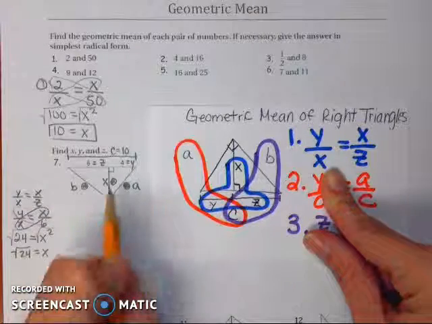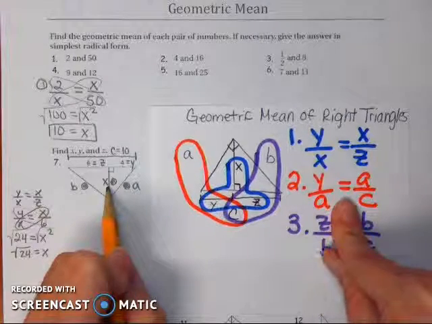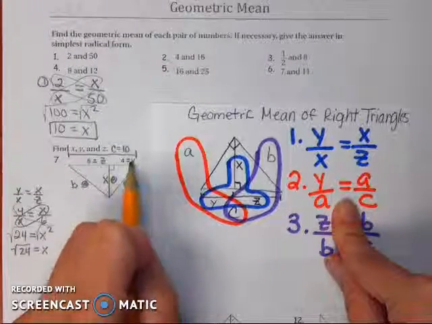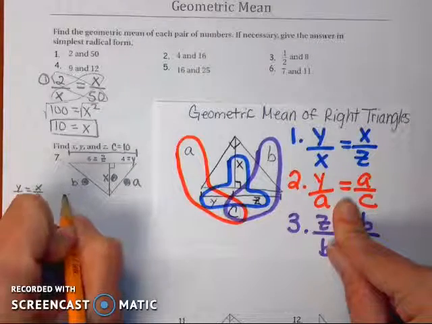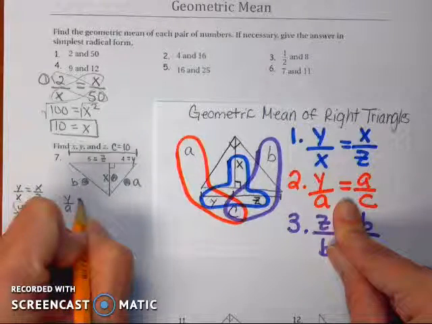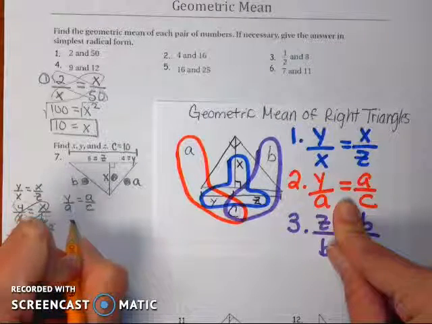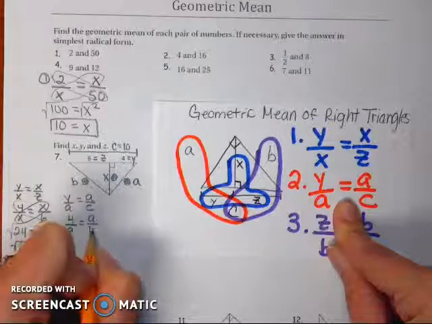Okay, next one, what do I want to find? Well, let me find a, which is number 2. Let's see, to find a, I need to have y, and I need to have c, and I do know both of those. So I'm going to have y over a equals a over c. Y is 4 over a equals a over c, and c is 10.